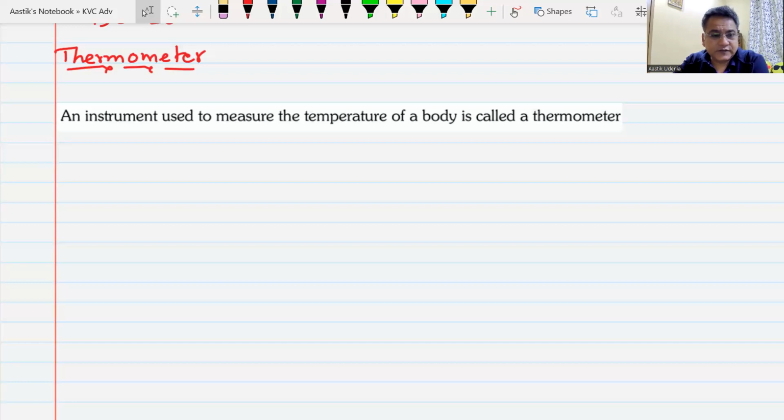Anyone knows any physical property of any body or any substance that changes because of change in temperature? Yes, sir. Example? Mercury. Mercury? What mercury? Mercury is a physical body or what?